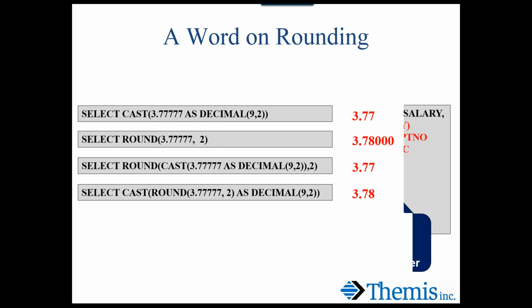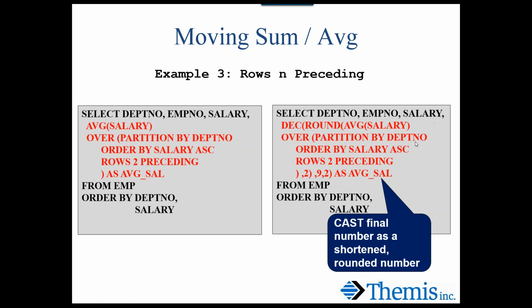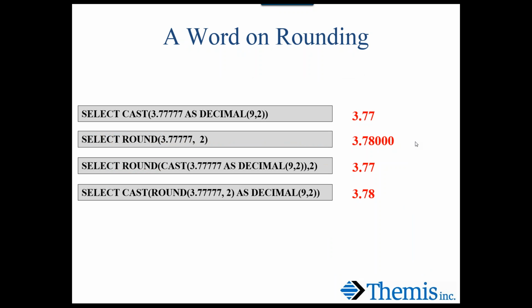Okay. Now let's talk about what's on the right side here. On the right side, you have the same thing really, where I'm casting the final result as a decimal 9,2. Well, let's talk about that for just a second. This is why I have a brief interlude here. This is not a version 9 or 10 thing.